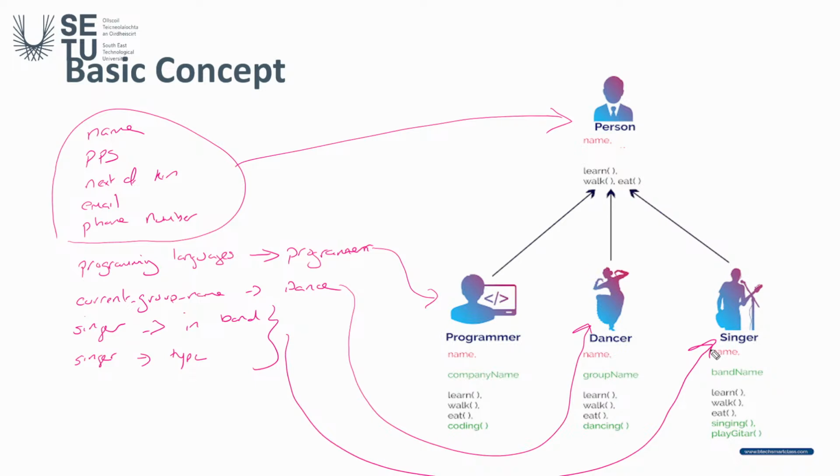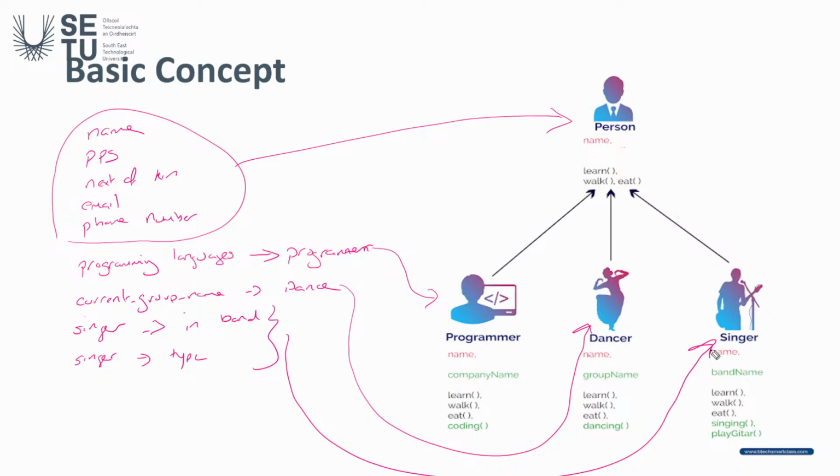So we come up with our list of all of the information that we need to store in our system, and then we break it down and say, what's general to everybody, what's just for the programmers, what's just for the dancers, what's just for the singer. And that allows us to use inheritance.